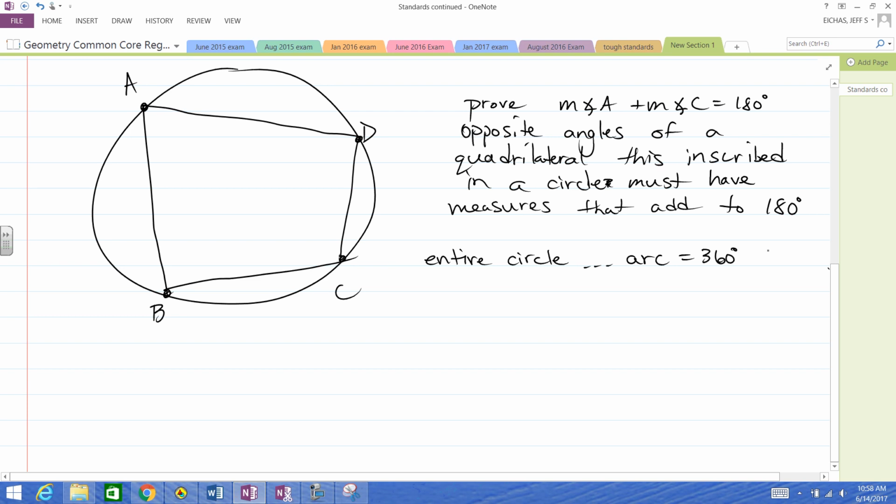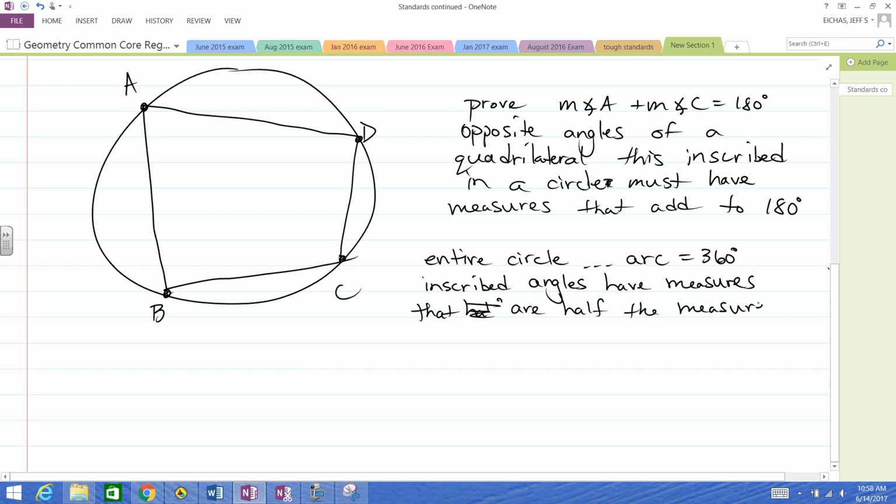Inscribed angles have measures that are half of the arc angle measure that they open up to.